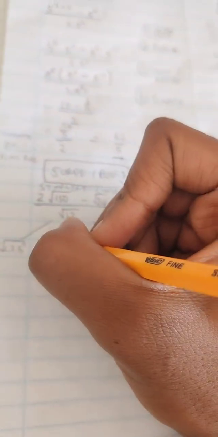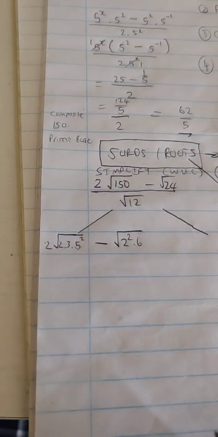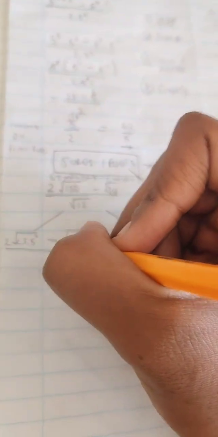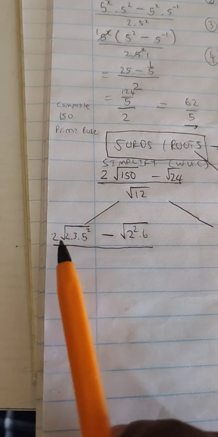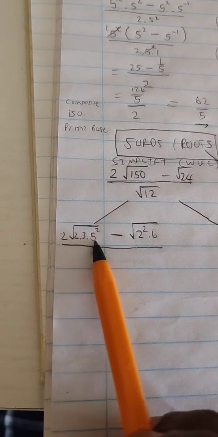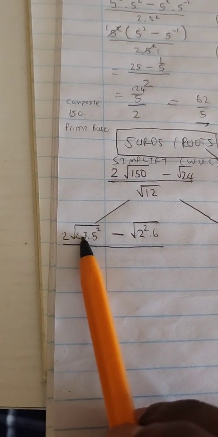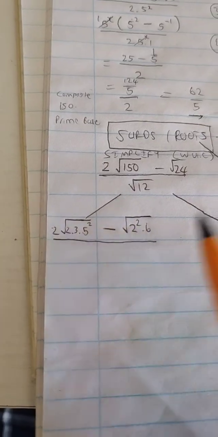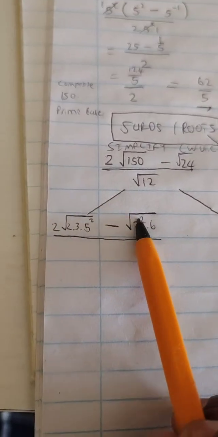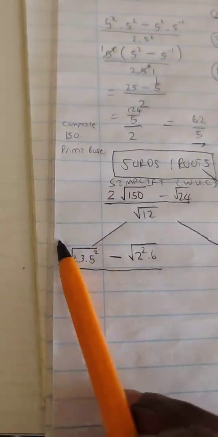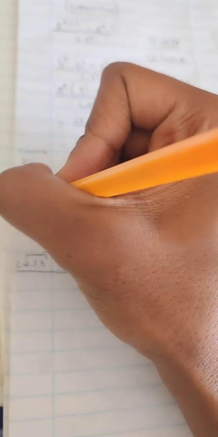So that's why I choose here 2 squared times 6. Moving right along. A perfect square and another number. This 2 times 3 is also going to give me the 6. A perfect square and another number, the combination of a PS and another number.